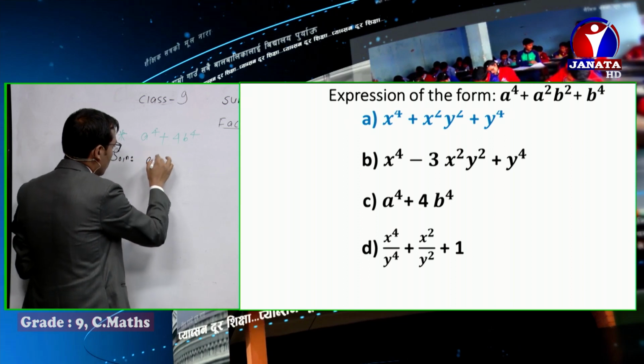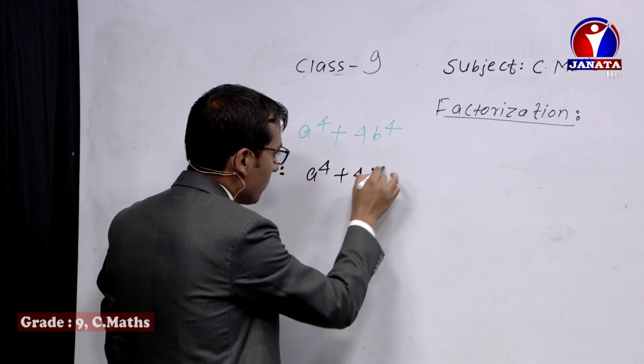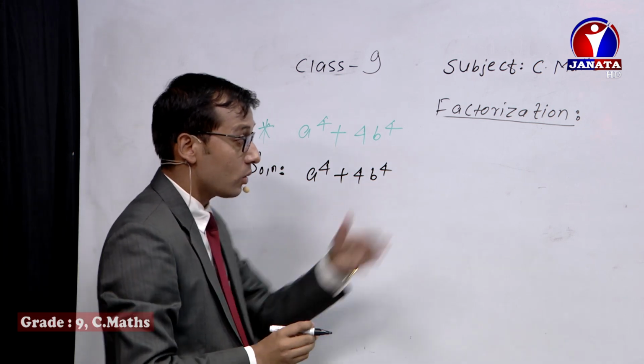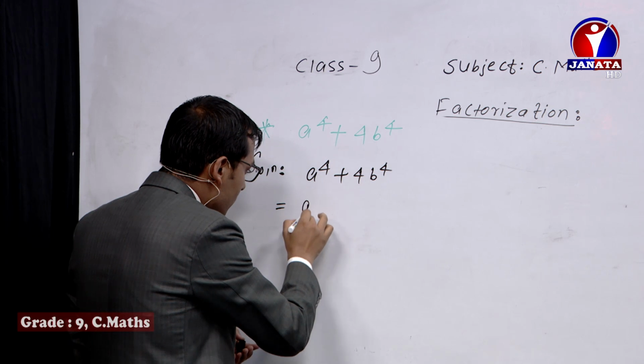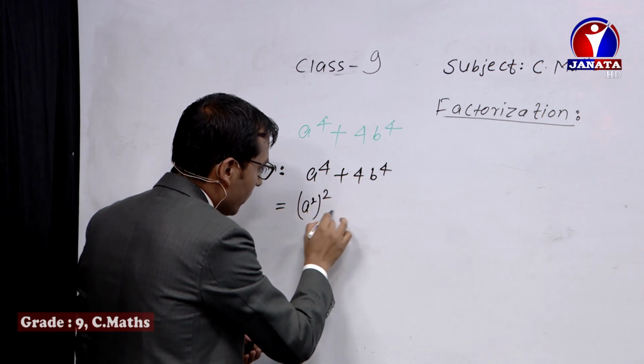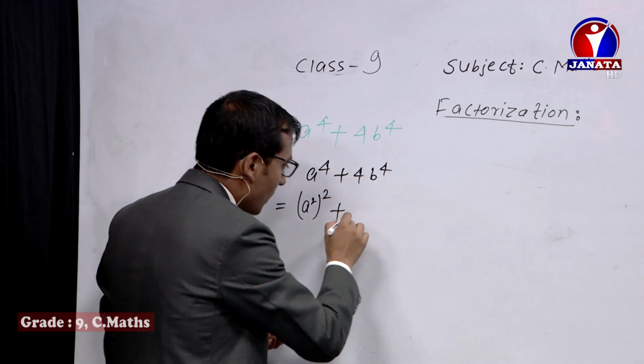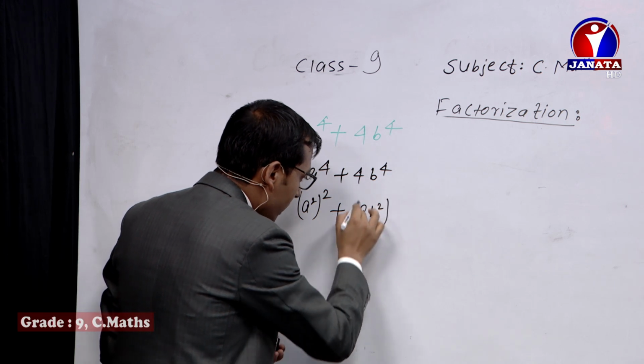Let's think and begin. We can convert a to the power 4 plus 4 times b to the power 4 into a square plus b square form. So a to the power 4 is (a square) whole square, plus 4 times b to the power 4 is (twice b square) whole square.